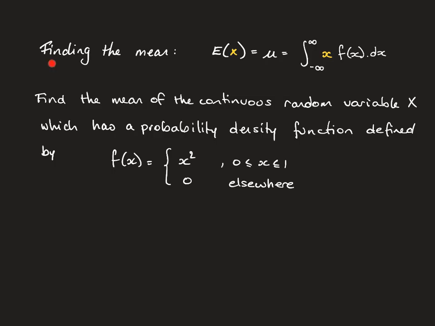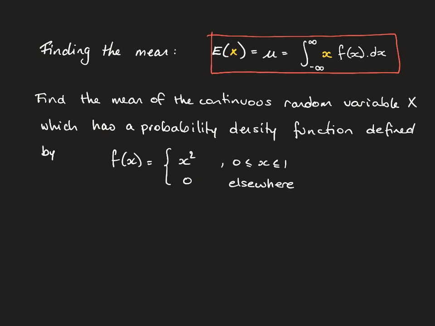So let's look at how we actually go about finding the mean. We've been given a formula that we need to use: the expected value of x, which is the mean, is equal to the integral from negative infinity to infinity of x times the function that defines our probability density function.